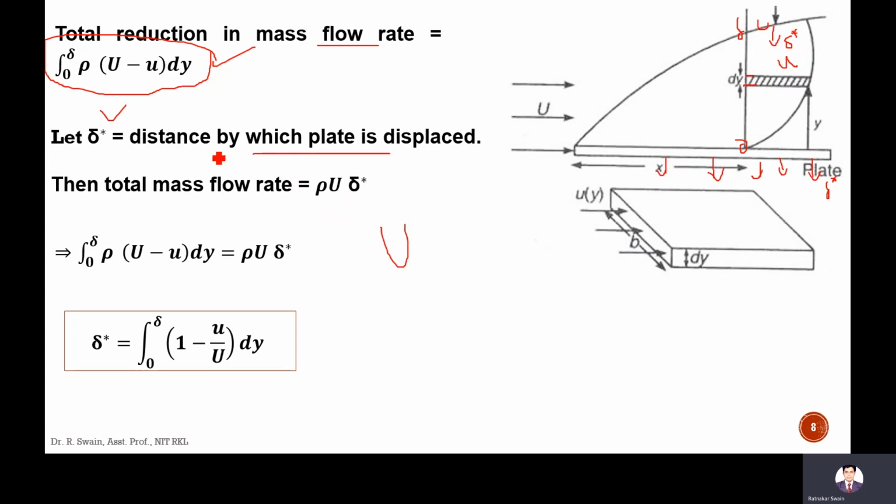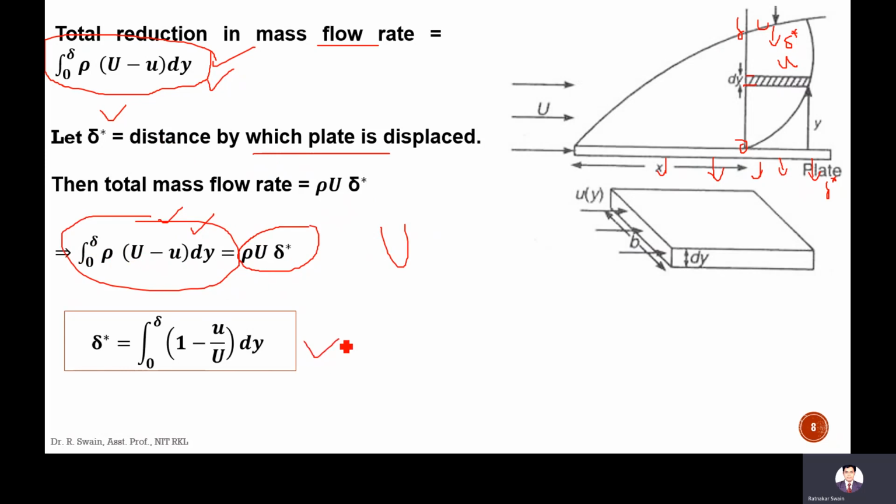Since we are compensating by displacement, if we compensate fully this value, then we have to equate them. This is the loss, and this is the displacement which compensates this loss. So both are equal: the integration from 0 to delta of rho into (U minus u) into dy is equal to rho into U into delta star.